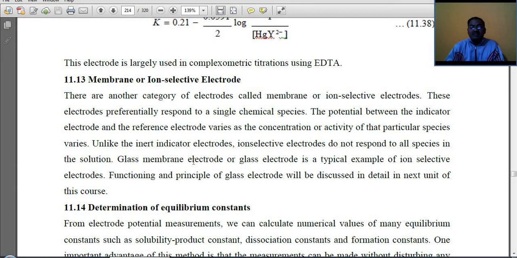Unlike the inert indicator electrodes, ion selective electrodes do not respond to all species in the solution. The glass membrane electrode, or glass electrode, is a typical example of an ion selective electrode. The functioning and principle of the glass electrode will be discussed in detail in the next unit.